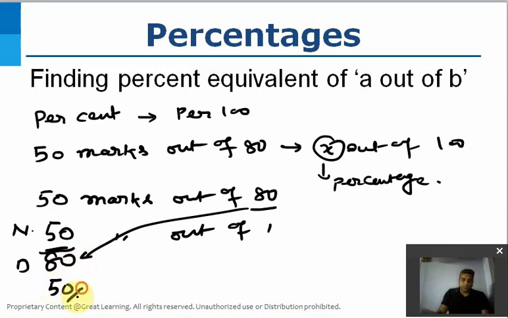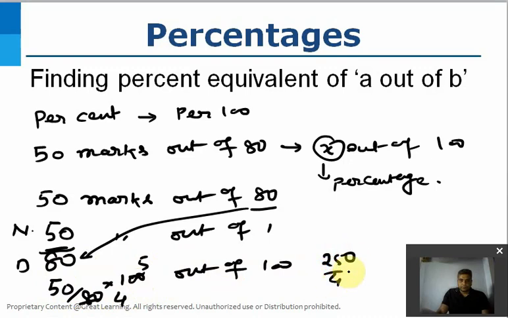So 50 by 80 into 100, simply multiplying both sides by 100. So it comes out to be 250 divided by 4. This is around 62.5%, right?